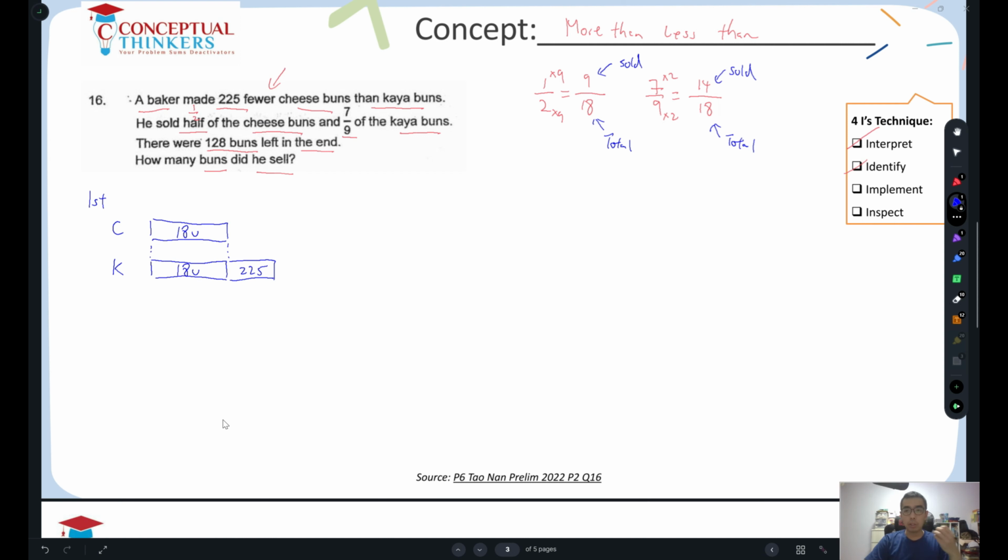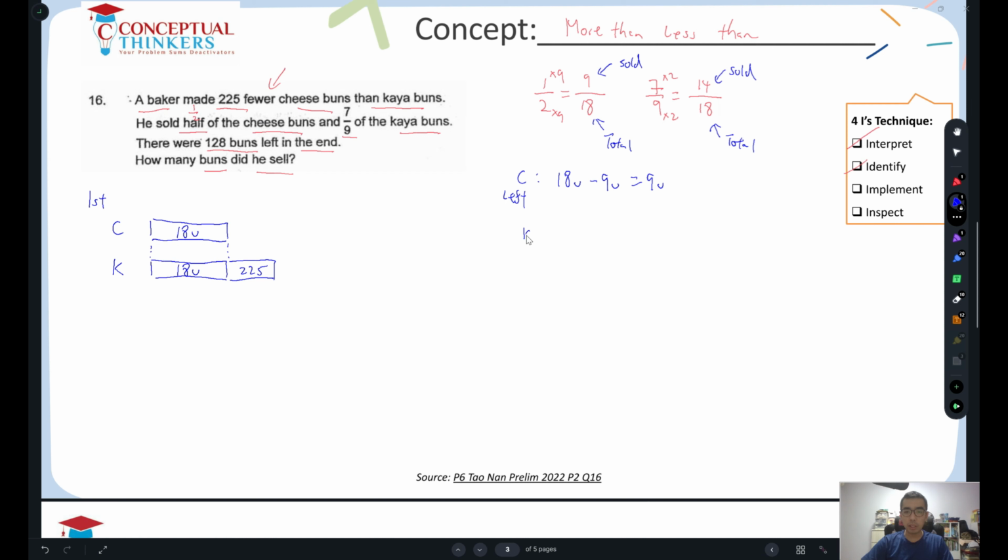Okay, so let's talk about what will happen to the changes. Now if you look at the cheese buns, I want to look at the number of cheese buns left. It will be 18 units minus away 9 units. So I'm left with 9 units. Okay, so this will be the length that I'm going to draw for my cheese buns in the end.